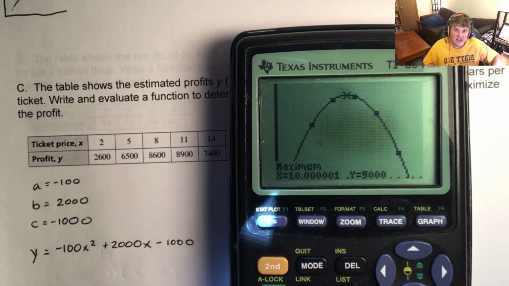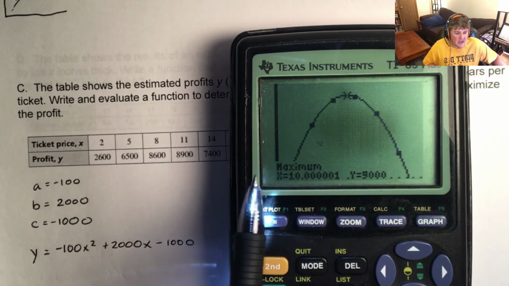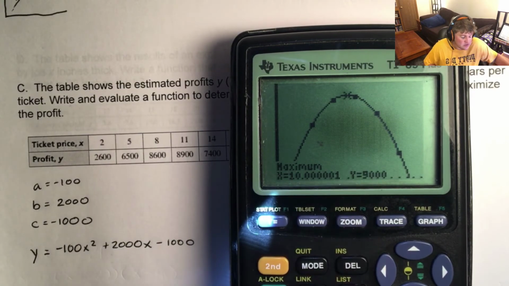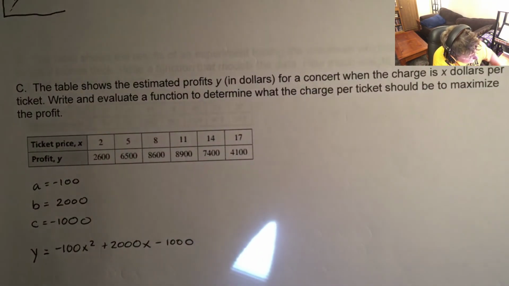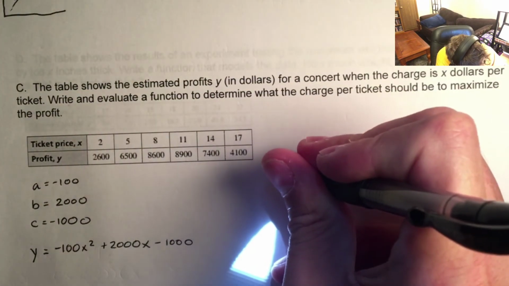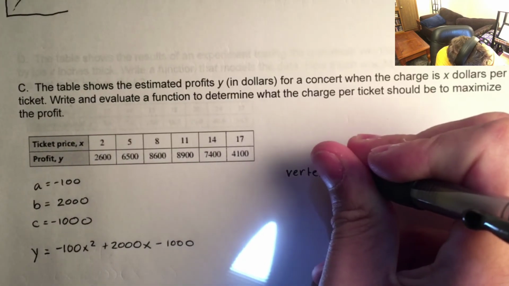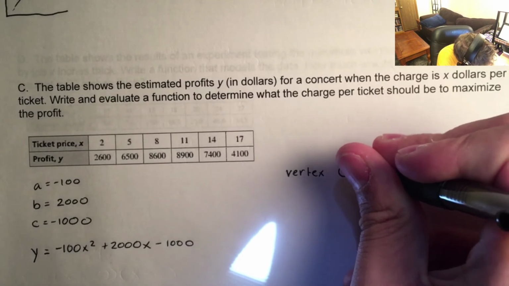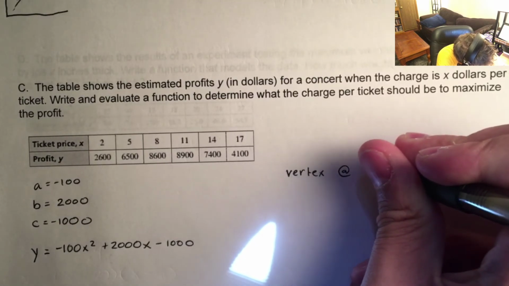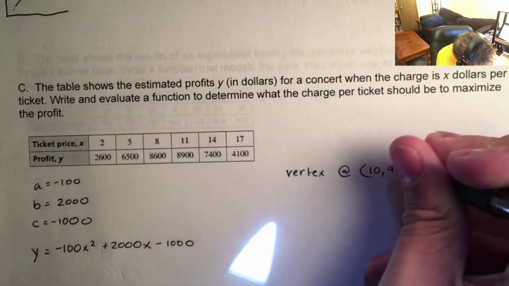There will be times where your numbers will be different, like decimals way out here, but it is just an estimation tool. It looks like for me when my X value is 10, my Y value is 9,000. So here I know I have a vertex at 10, 9,000.